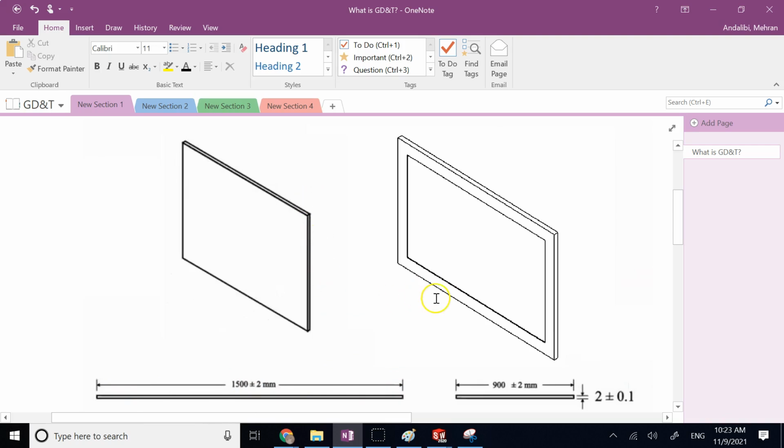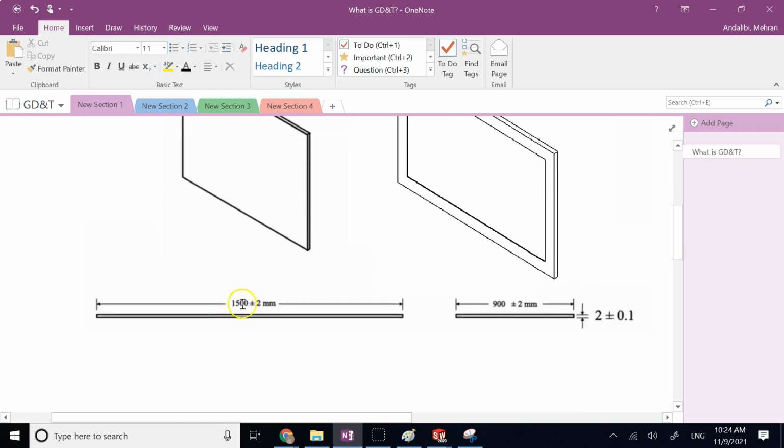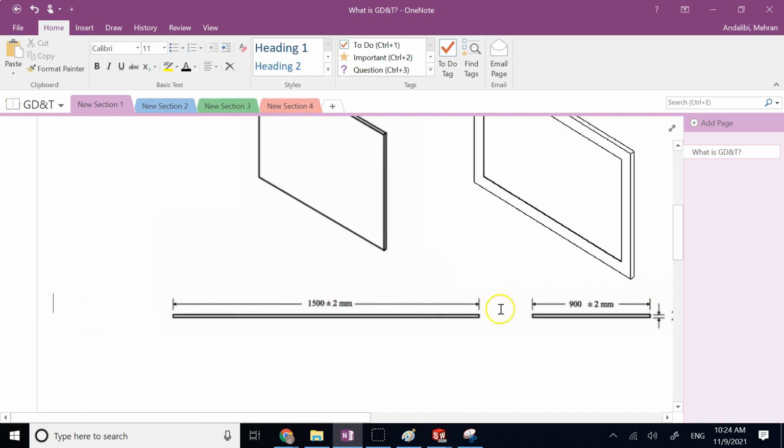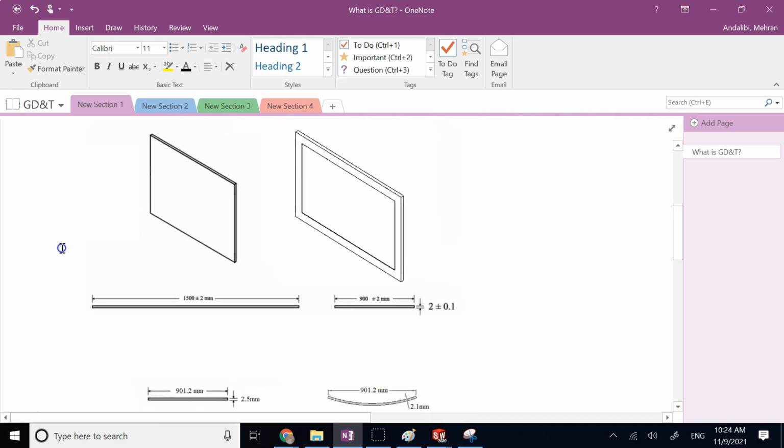The same thing with the height. It is 900. Do not make it much longer than 900. On the other hand, do not make any of those dimensions much shorter, because I really do not want big gaps to exist between the mirror and the pocket on the wall. So you provide these dimensions, 1500 and 900, with the maximum amount of deviation you can have from what we call nominal dimensions.